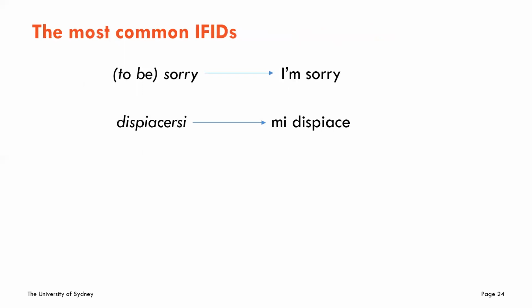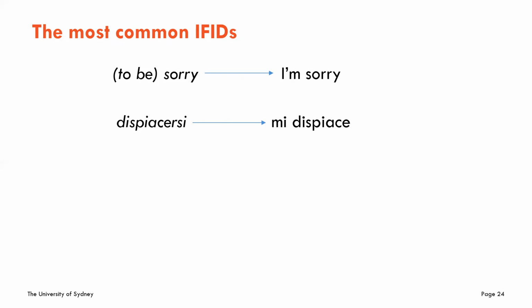One of these things is that when we conjugate sorry in English, it's usually in the form of I'm sorry. And the most common form of dispiacersi in Italian conjugated is mi dispiace. So while these are slightly different grammatically, there does seem to be some alignment here, at least on face value, in terms of how these two apologies, these two IFIDs are structured. So we have the I'm sorry and the mi dispiace.